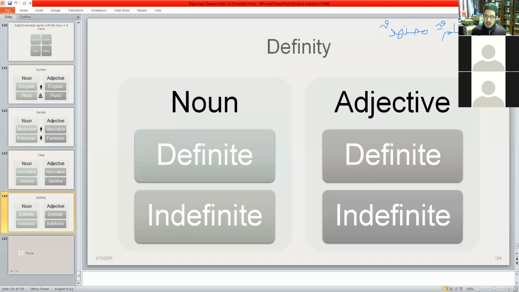What if we moved this up into the mubtada and made it ma'rifah, made it definite? Then it would have to follow the noun that it describes in its becoming definite.